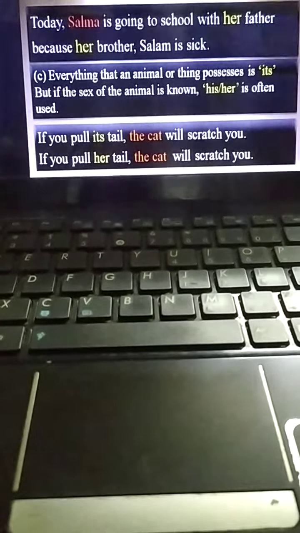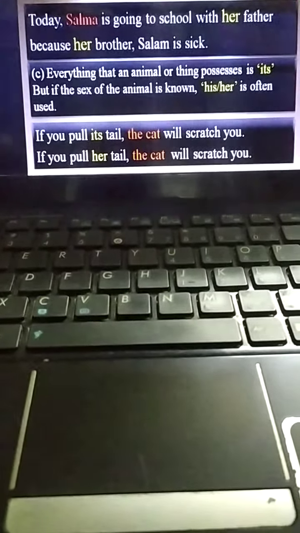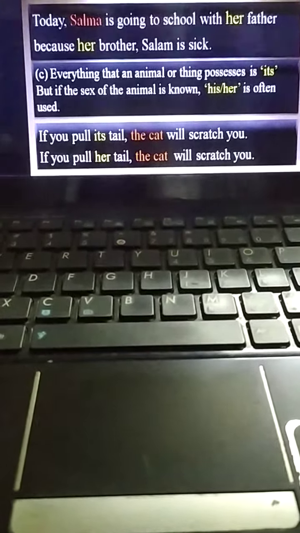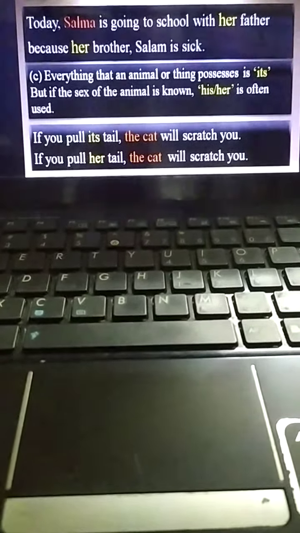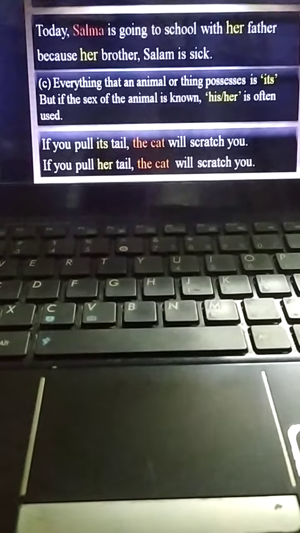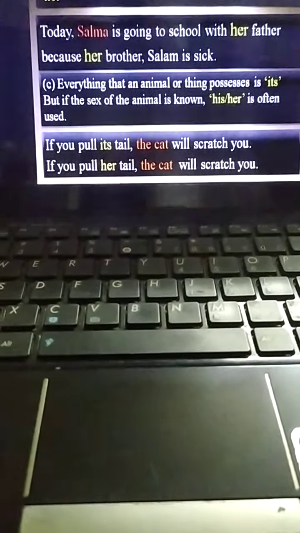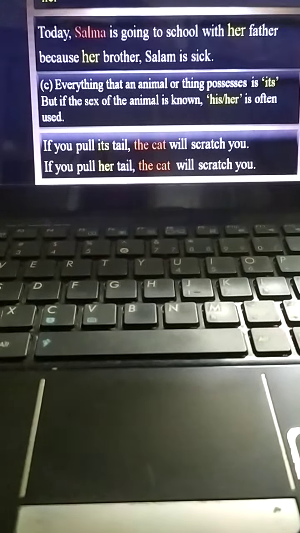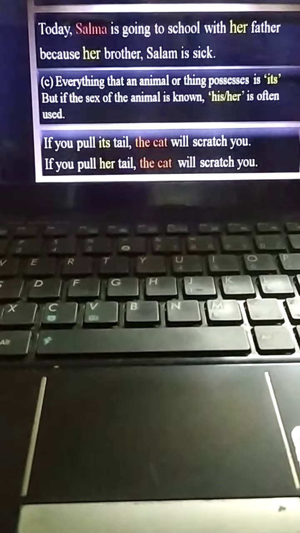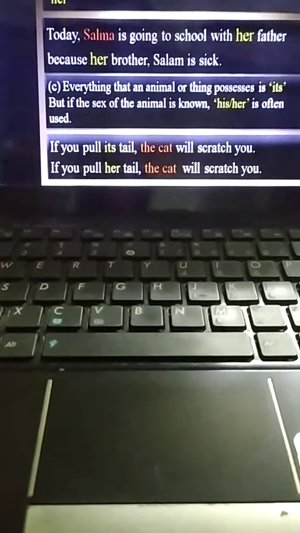Therefore, if you can determine the sex of any animal, male or female, then his or her must be used. But if it is not possible, then we can use its.